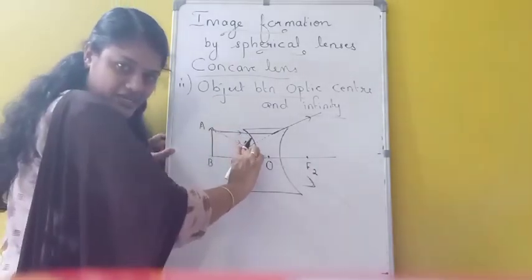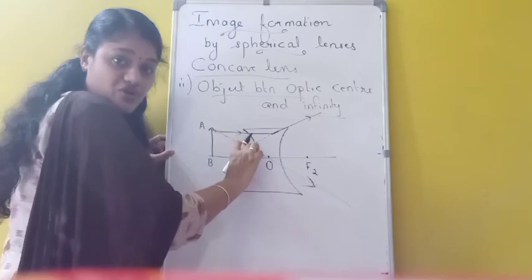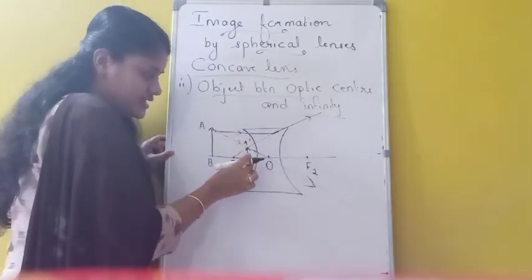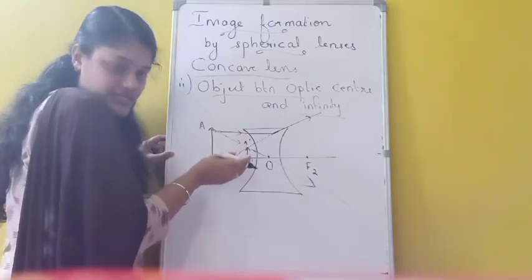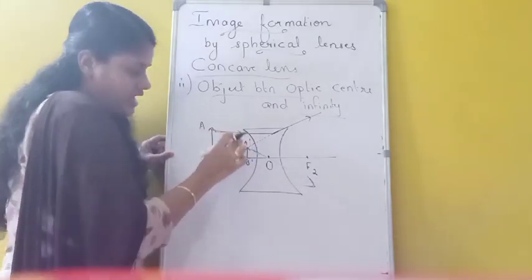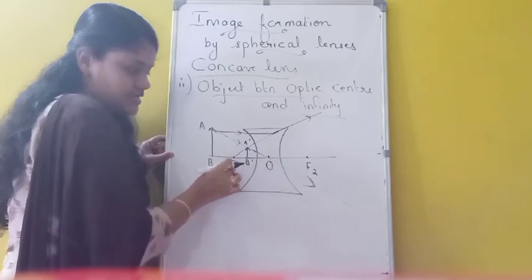The image is diminished as well as it may be virtual and erect, because we are getting the image above the principal axis. That means the image is virtual and erect as well as diminished, and we are getting between optic center and focus.